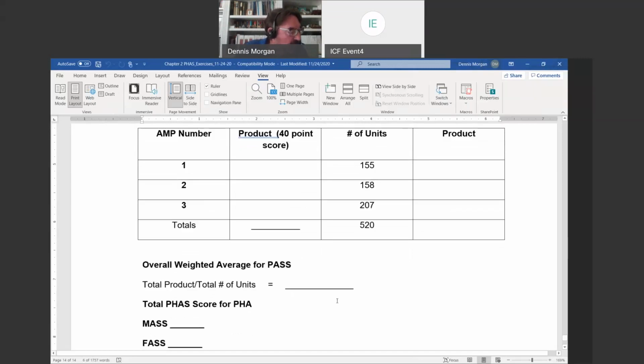Am I doing good? Well, potentially. Out of 40 points, I scored 34.6. I'm averaging somewhere slightly below the 90 threshold, but I'm averaging in the 80 realm. So not necessarily great, but still good. Could I still make high performer? Well, yeah, I could if, again, I'm scoring well under the other indicators as well.